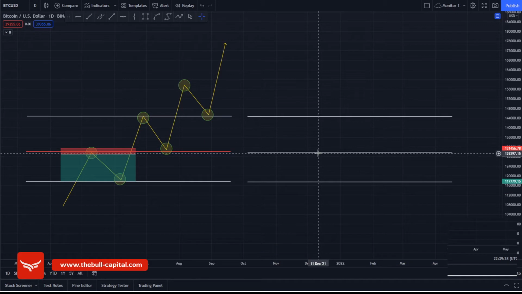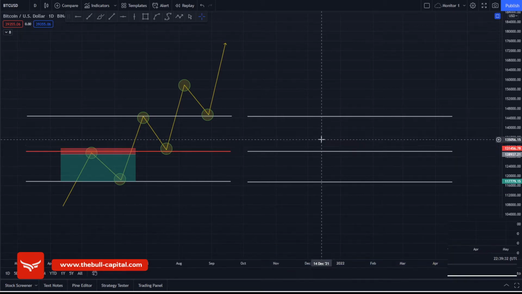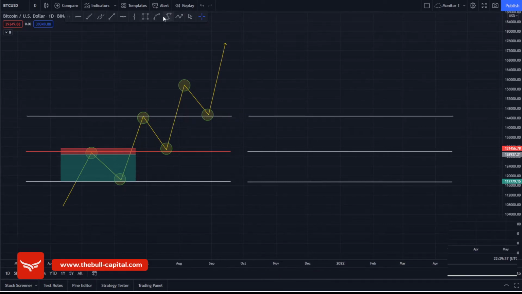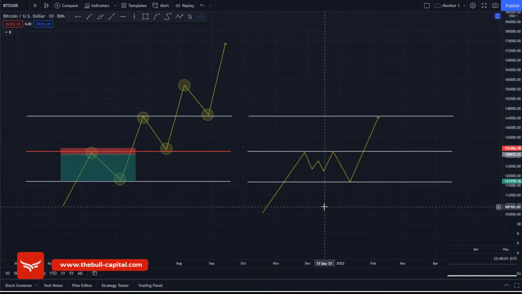Now I'm going to draw some swings, something like this.